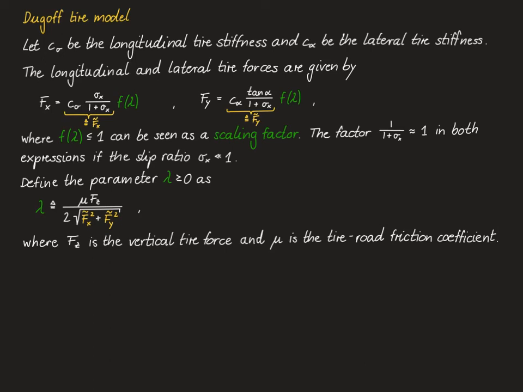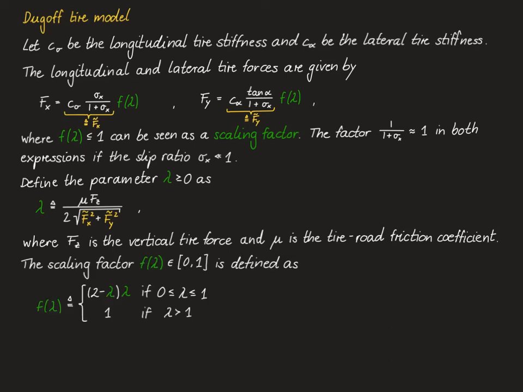Then we define a parameter lambda as mu Fz, where mu is the tire road friction coefficient and Fz is the vertical tire force, divided by 2 times the geometric sum of the unadjusted longitudinal and lateral tire forces.